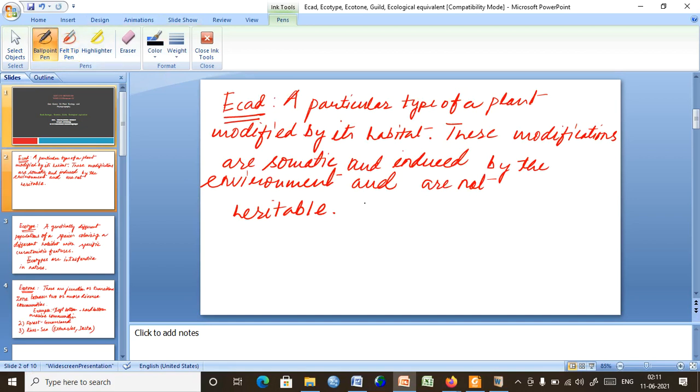So, we can also use these terms for ecads. They are ecophane. They are also known as habitat forms.